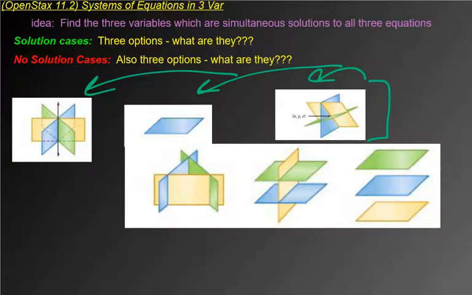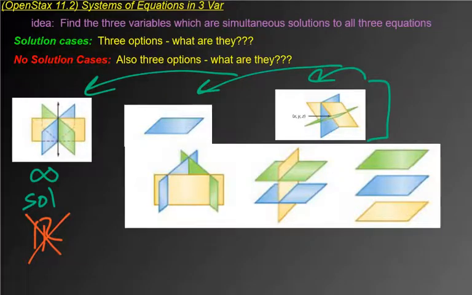So this is the case where we get an infinite number of solutions. It is not all real numbers, because there are points, like over here in the yellow plane, that are not part of that line, so not part of the solution.